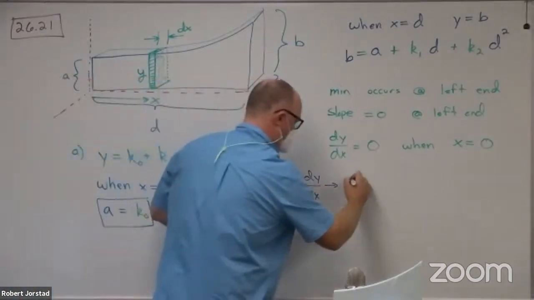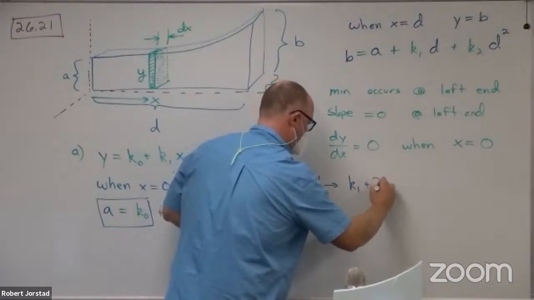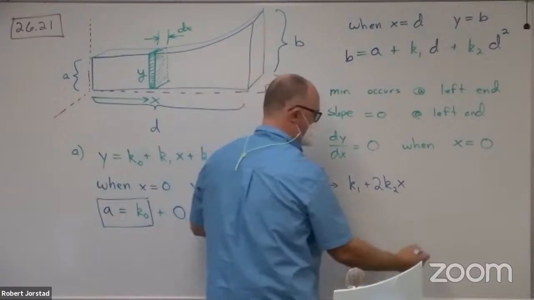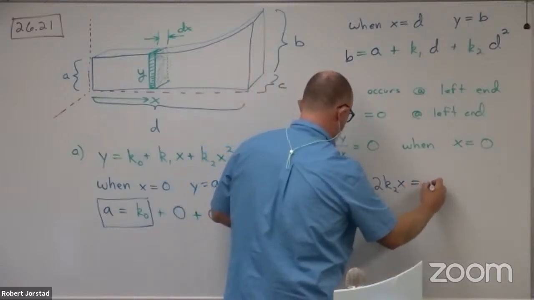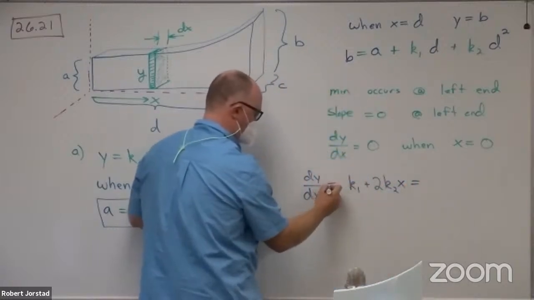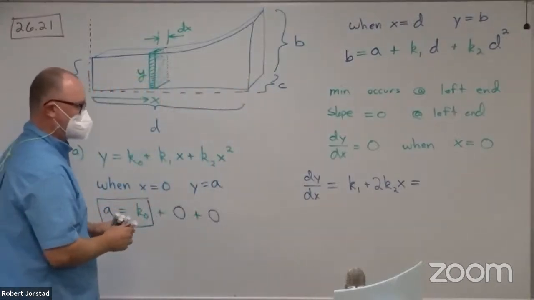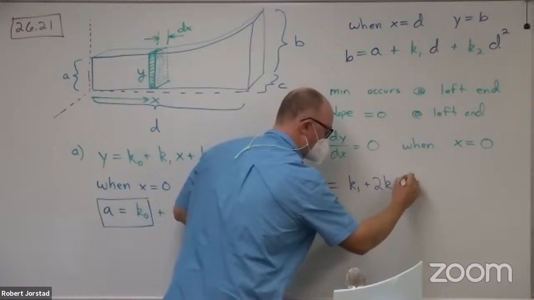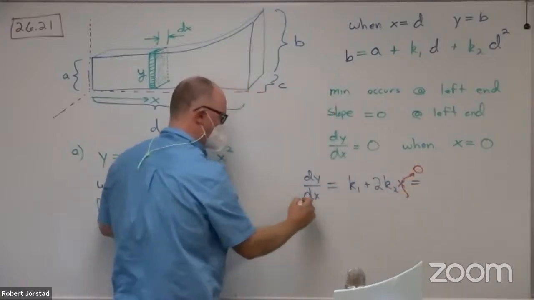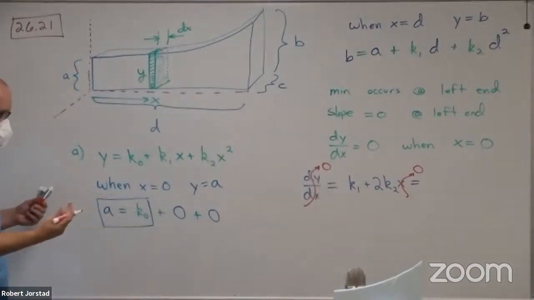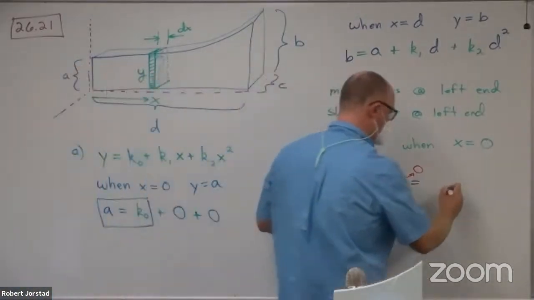Yeah, K1 plus 2K2X. And we say that's equal to, how about I just call that? Right? And now what am I going to do? If this goes to 0, we're told this goes to 0. K1 is 0.